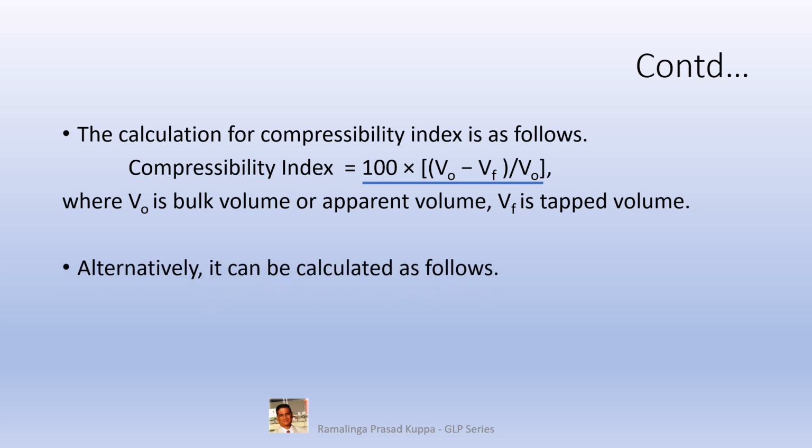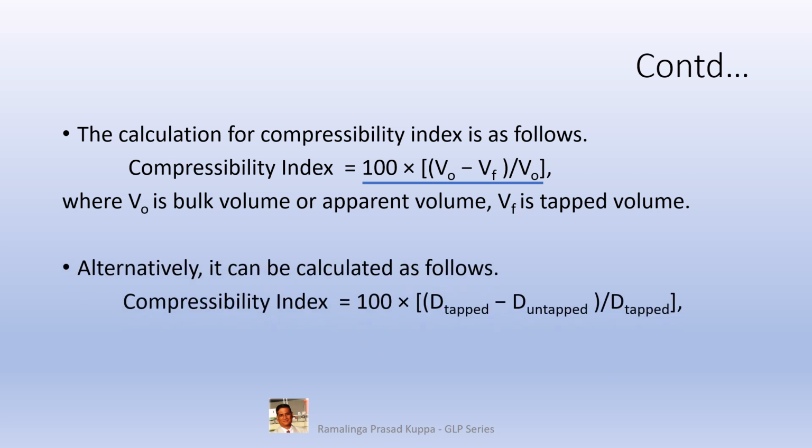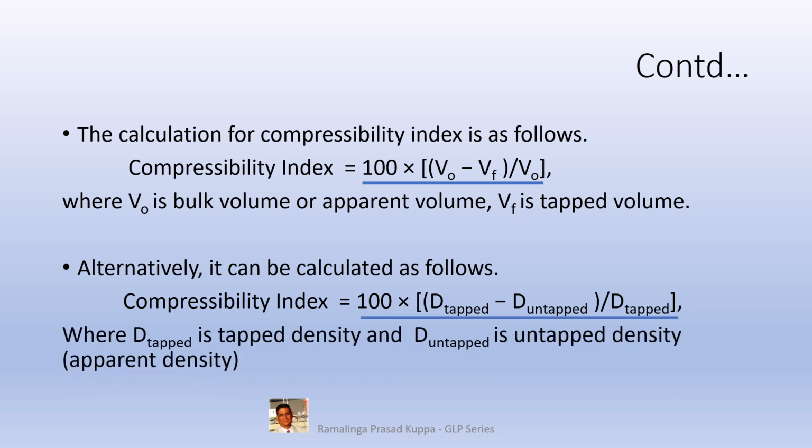Alternatively, it can be calculated as follows. Compressibility index is equal to 100 multiplied by (D tapped minus D untapped) divided by D tapped, where D tapped is tapped density and D untapped is untapped density, that is apparent density.